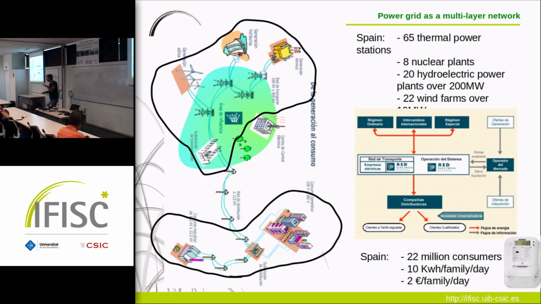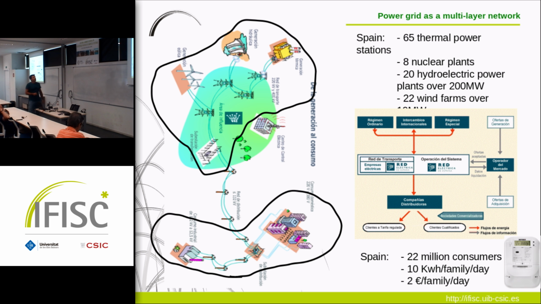You have communication networks also, because you have to synchronize all the power plants, things like that. There are a lot of technical intermediate steps in the middle. There is also a market operator, so you have to come up with a price for the electricity, and there is a market there also. So there are different levels of interaction between producers and users.